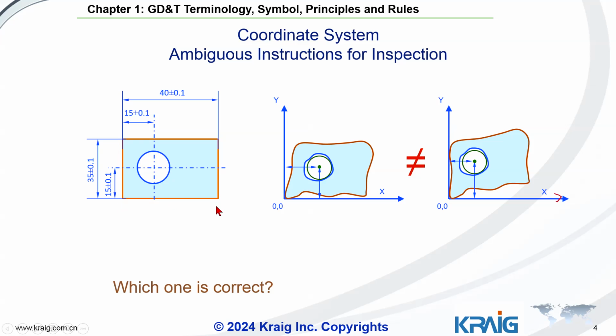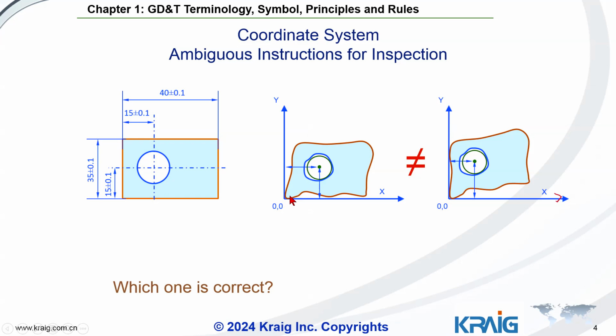But the problem is we produce the part. This side and this side are not 90 degrees. There's always error. The product is not perfect. We know that. Okay, so the problem is how to locate this component.